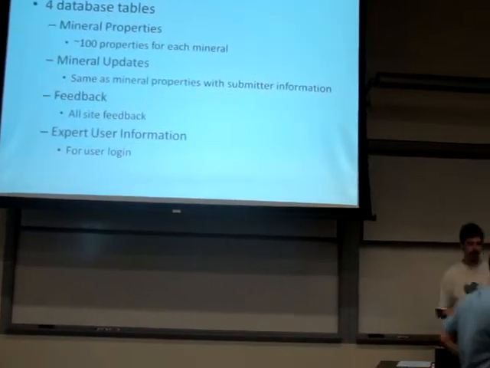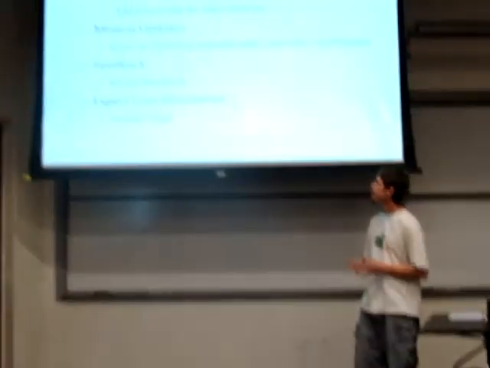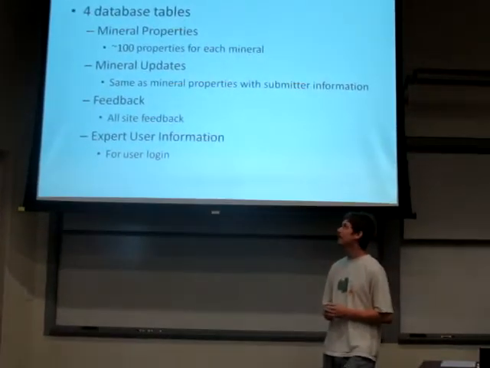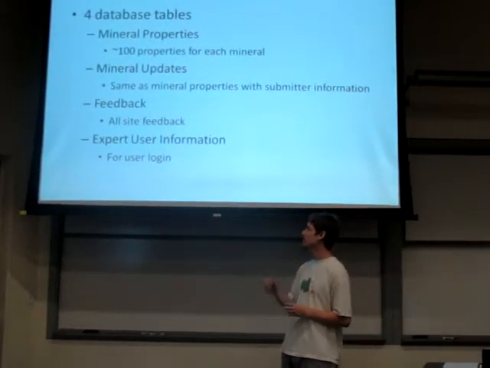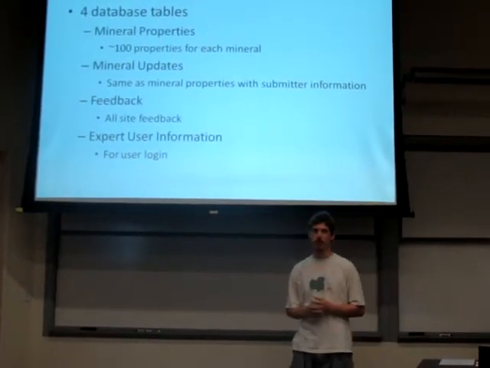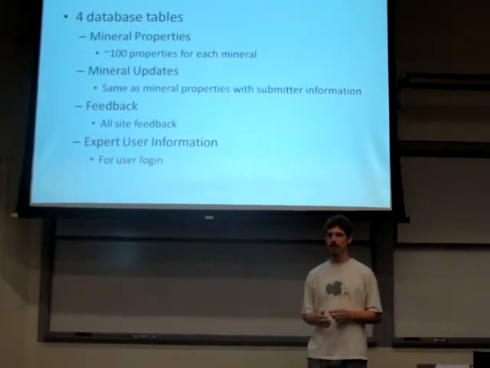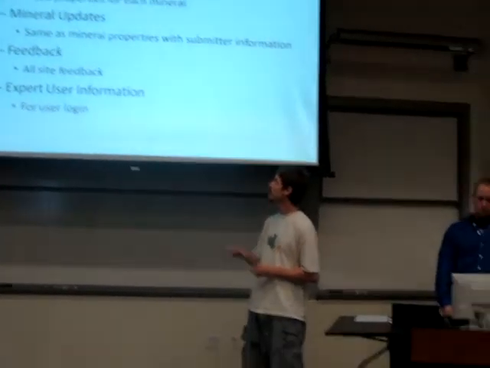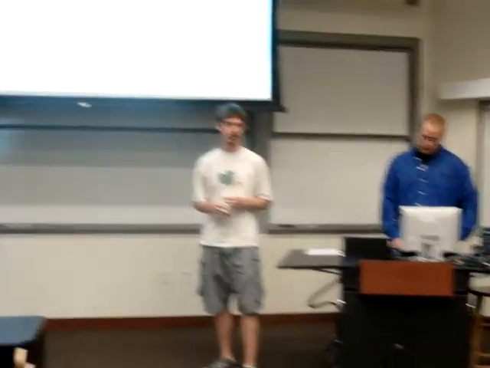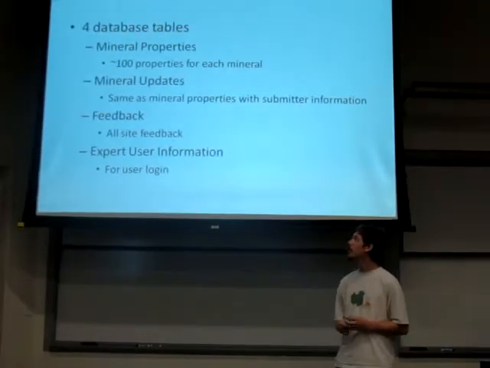Okay, the database. This is a large part of what I worked on. We have 4 tables in the database: mineral properties, mineral updates, feedback, and expert user information. All the actual data, the working database, is in the mineral properties table. And there are about 100 properties for each mineral. Those are all used in the search.